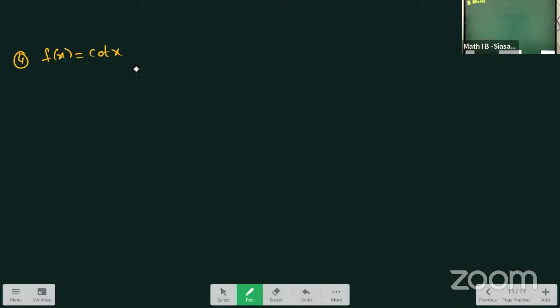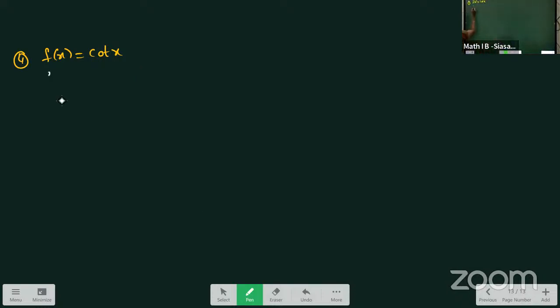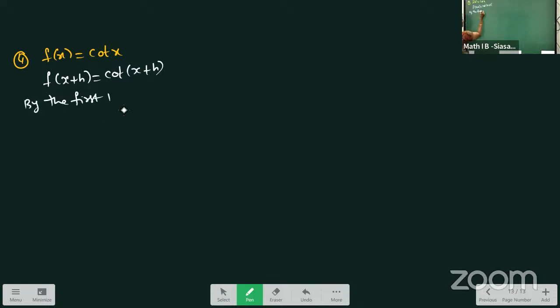So come on, proceed the same. Immediately find out f of x plus h is equal to cot of x plus h. Apply the formula by the first principle.